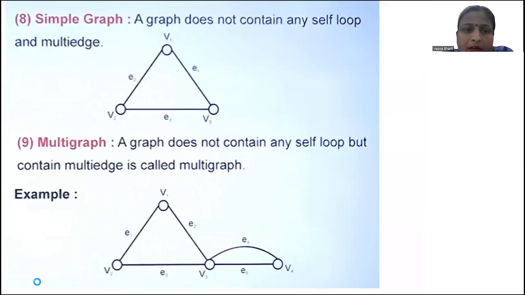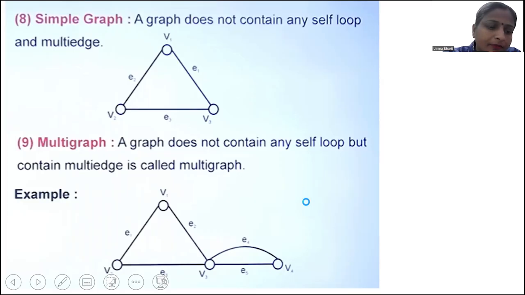Then the multigraph: a graph that does not contain any self loop but contains multi-edge is called the multigraph. In this example, there are four vertices V1, V2, V3 and V4. In this graph there is no self loop but it consists of multi-edge, so this is called the multigraph.